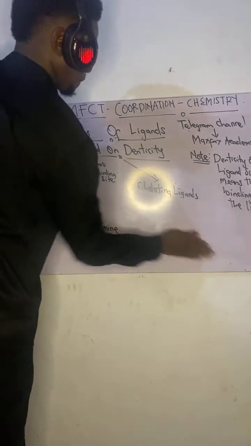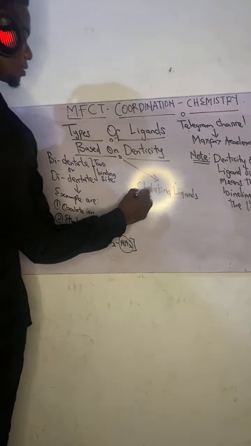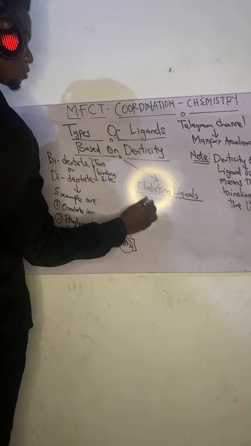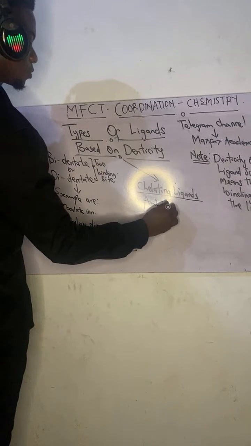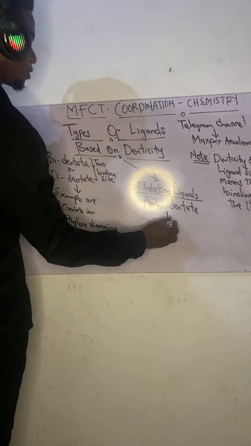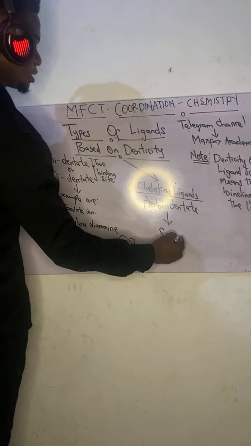Okay, let me show you something about that ambidentate. A common example is SCN minus.